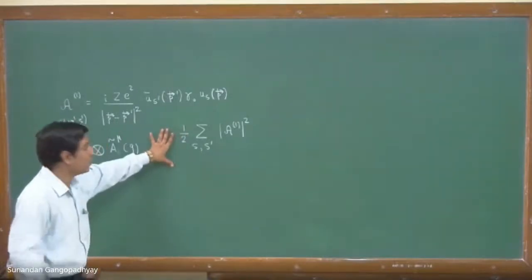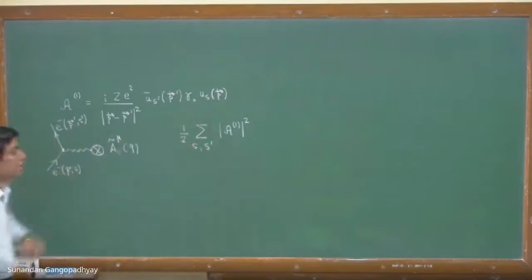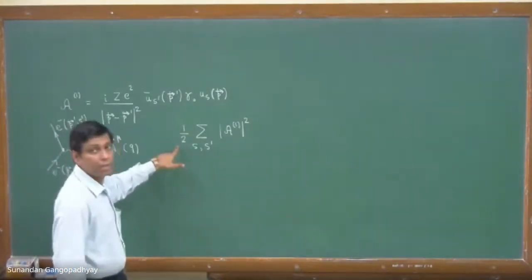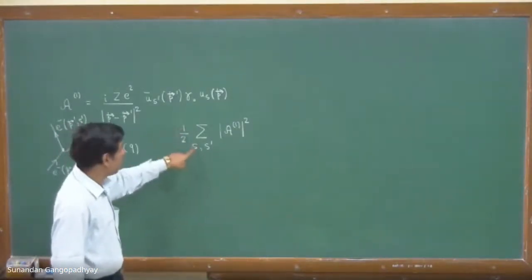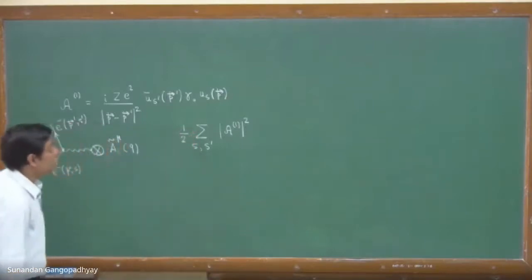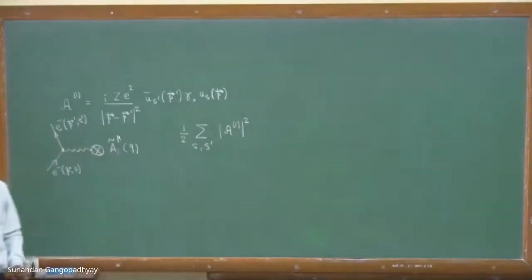We are summing over the final spin states s prime, not averaging, so it is just a sum over s prime with no division by 2. The factor of 2 comes only from averaging over the initial spin states. And this is the object we want to calculate.